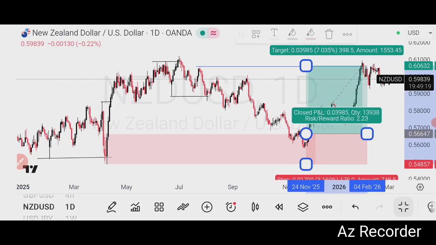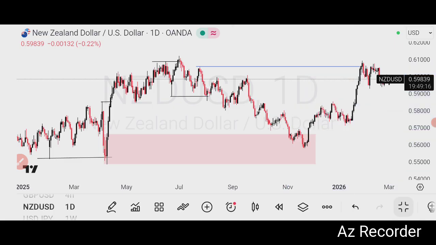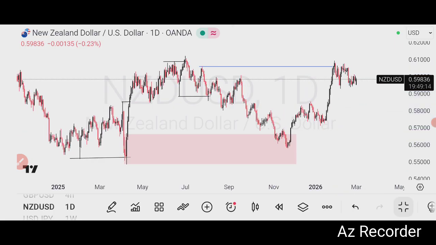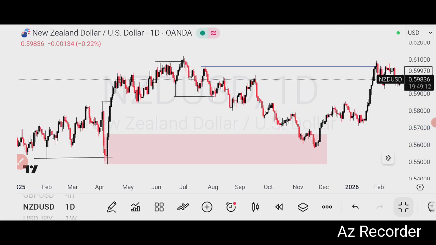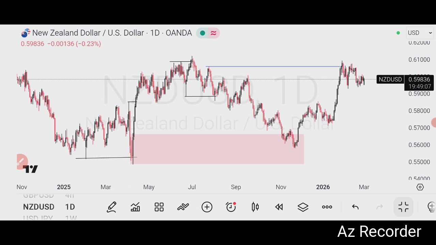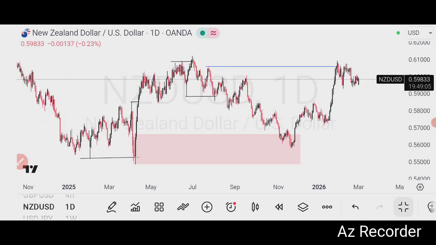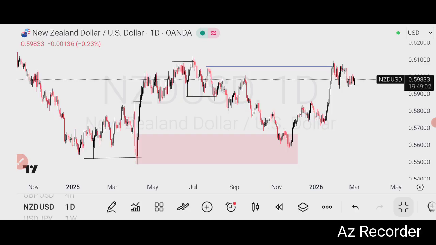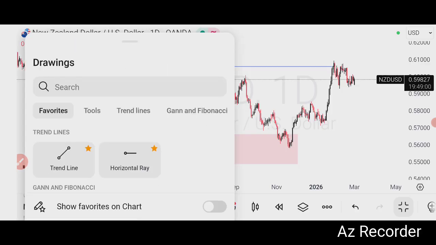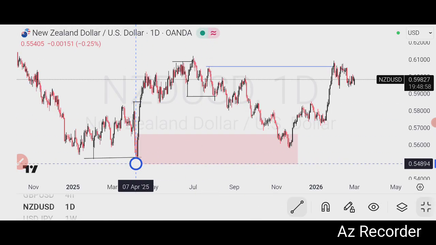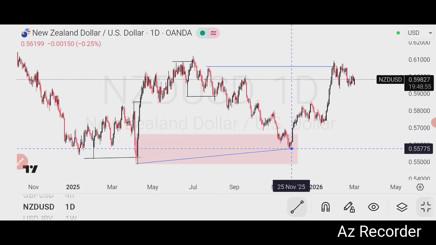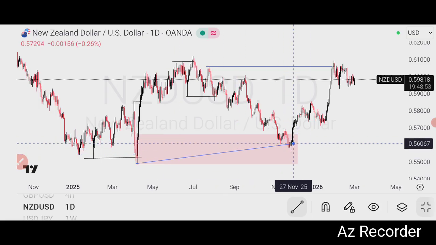Now remember what I told you before, that since this particular zone has been tested already, it also means that whenever price comes back to this zone, this zone will no longer hold, because of what? Price has retested this zone. So this zone is now what? Liquidity.